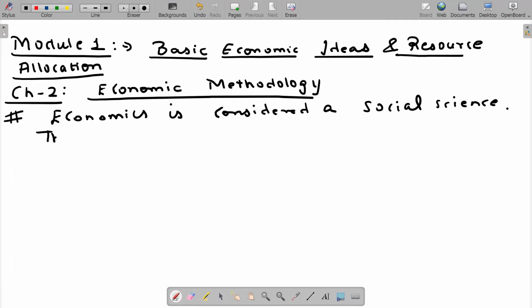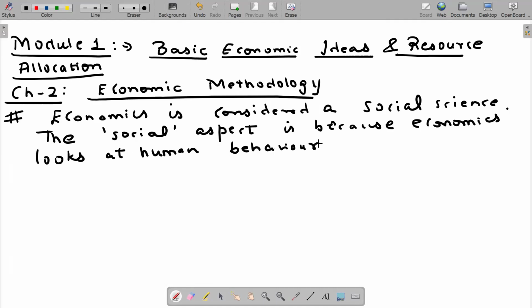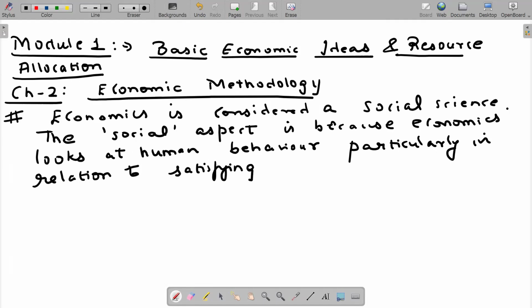So I can write that the social aspect is because economics looks at human behavior, particularly in relation to satisfying human needs and wants.